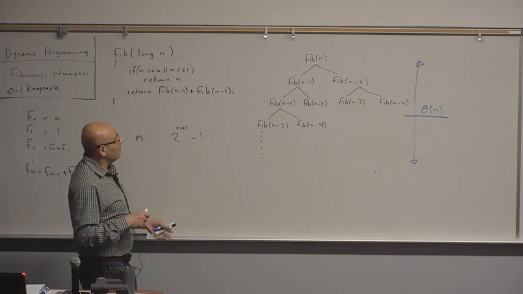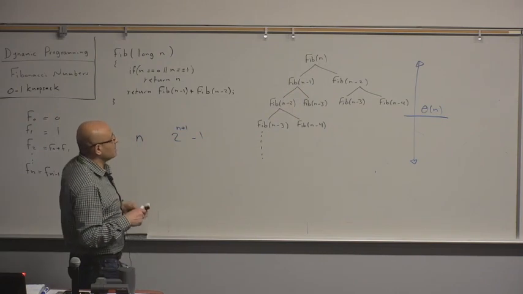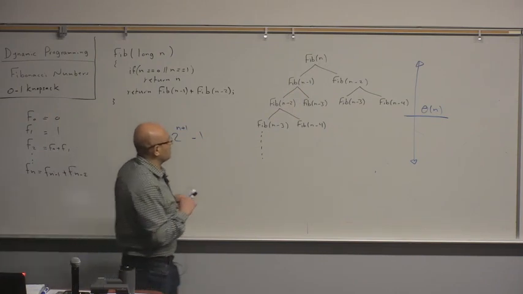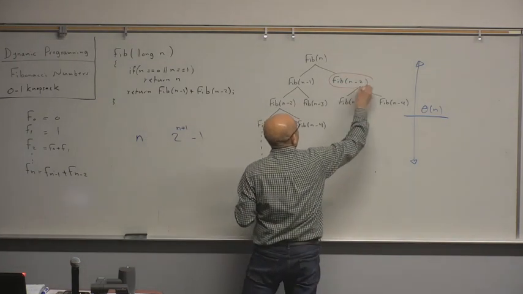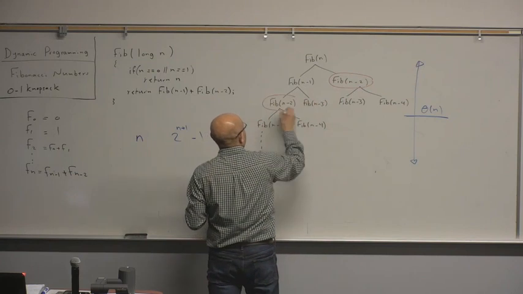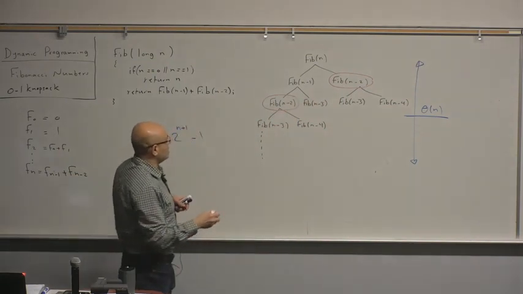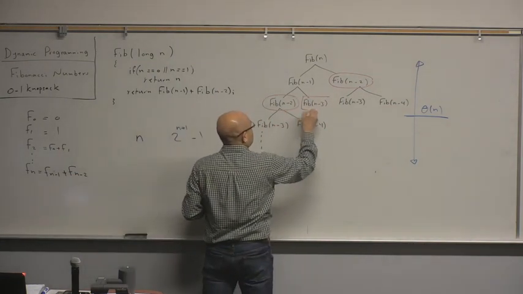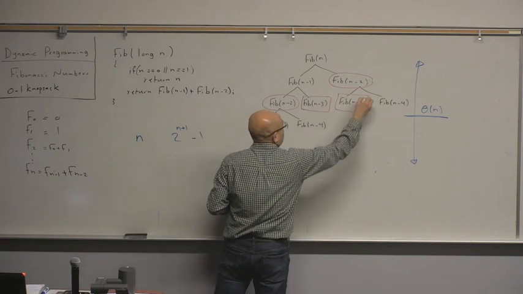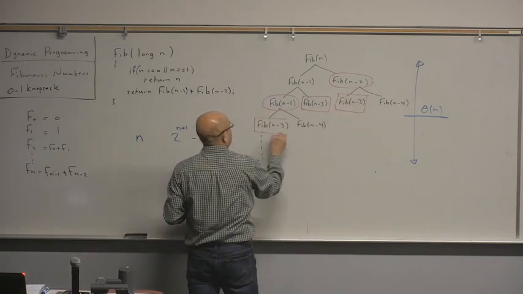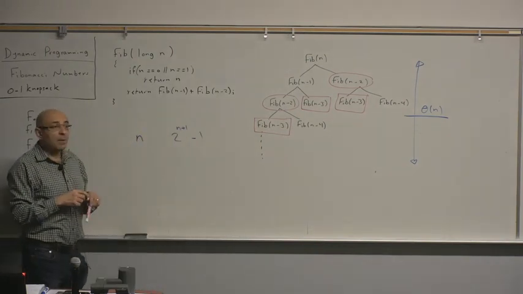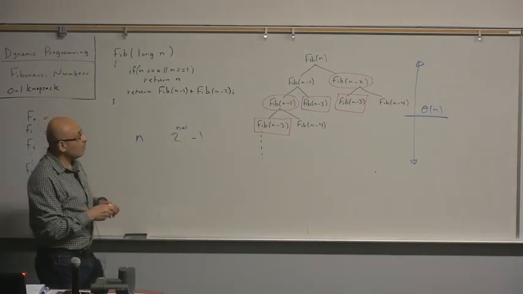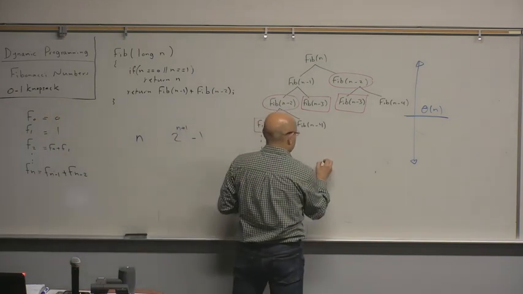But then we keep encountering the same subproblem multiple times. For example, here's n-2, and here's another n-2. If you look at n-3, here is an n-3, and this is another n-3, and this is a third n-3. So the problem here is overlapping subproblems.